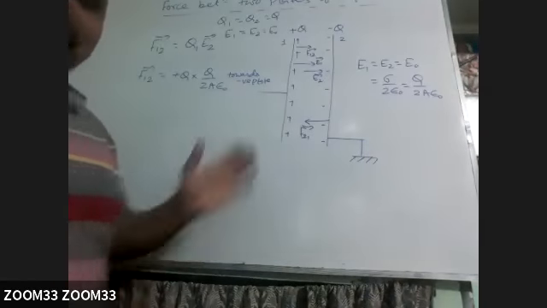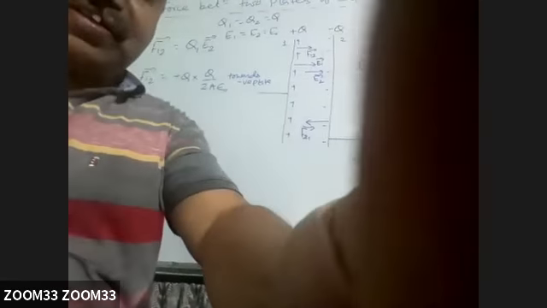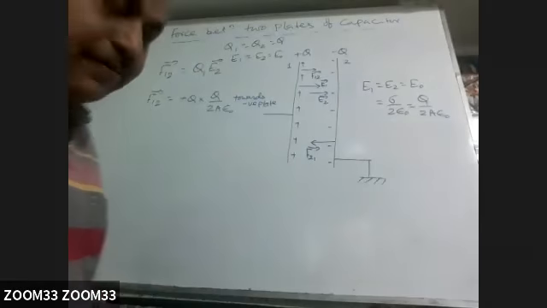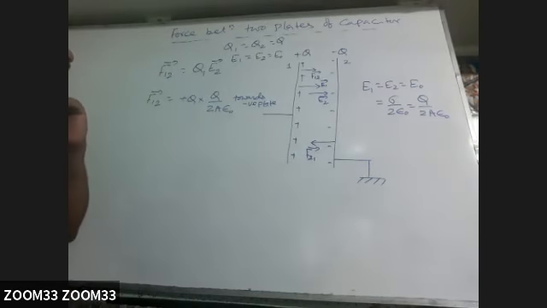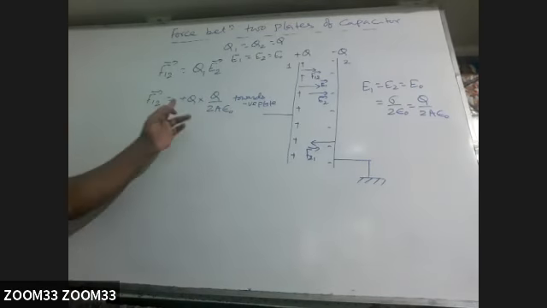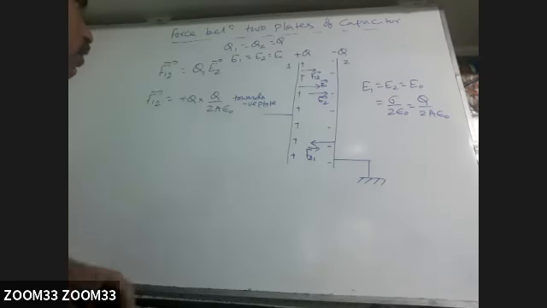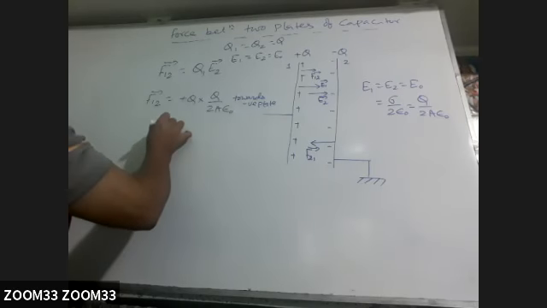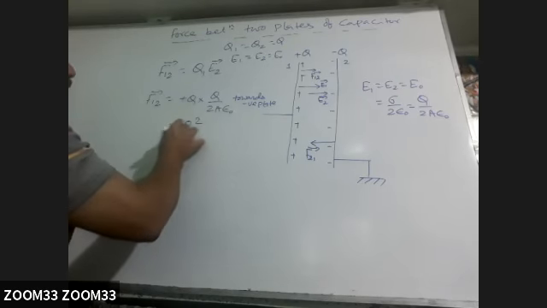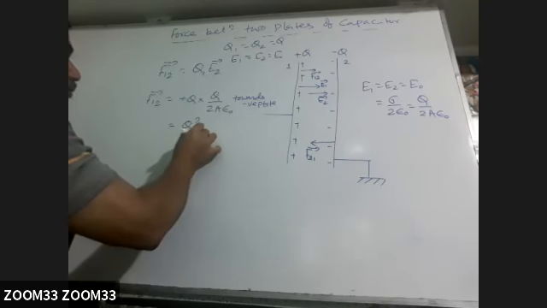So it is Q square over twice A epsilon naught.